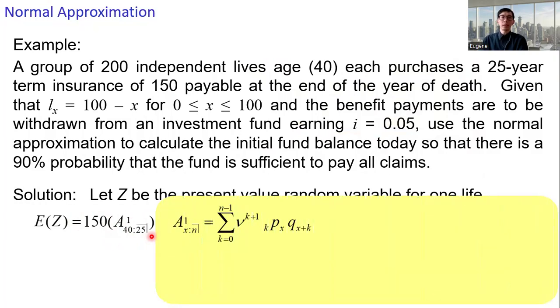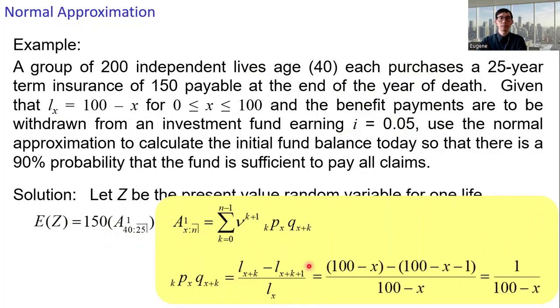All right, the formula for getting the expected value of the n-year term insurance involves kpx and qx+k. Using the life table function lx, we get 1 over 100 minus x, and x is 40. Substitute into the expression here.